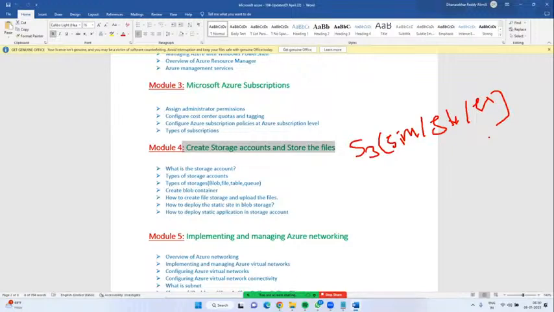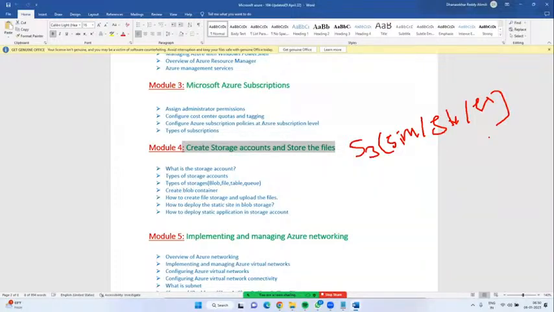Do you know that? How many of you know? No idea, sir. Yeah, Netflix is going to consume Azure storage. We got the news 1 month back. Netflix may be owned by Microsoft in future, that deal is also going to happen.